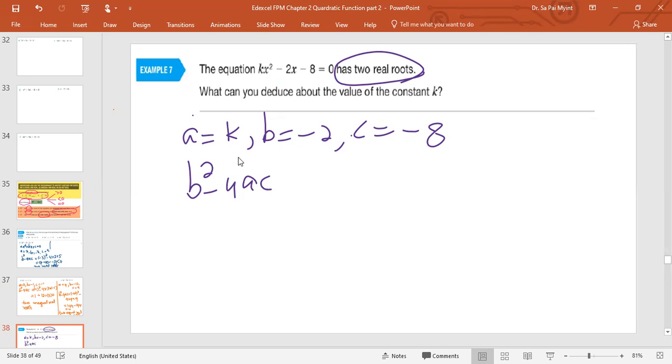But you need to write down the given. What do you write?